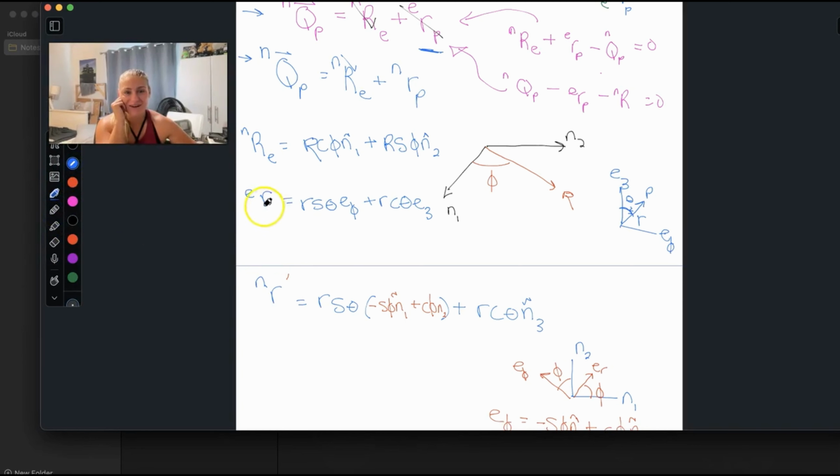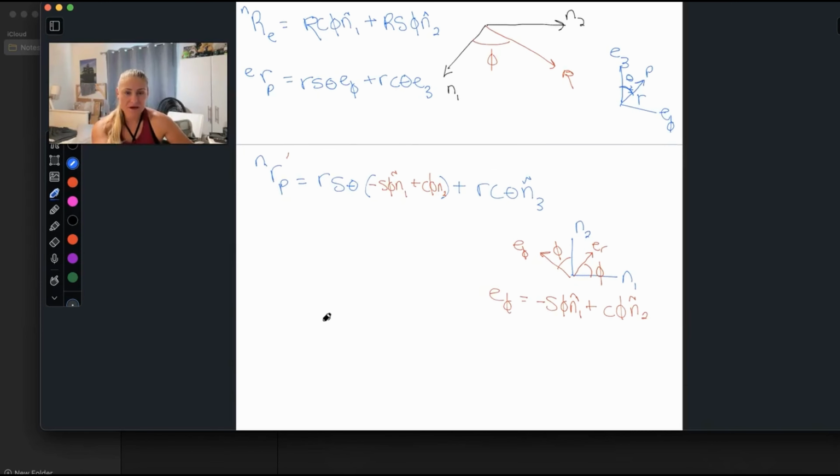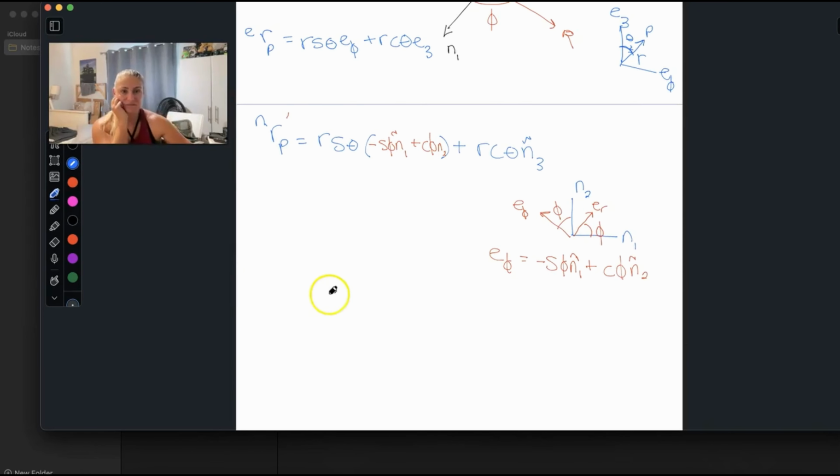So R, little r, is pointing to point P, and it's being viewed from E. So same down here, okay? All right. So now we are here. Let's put together what our Q vector is. What's our Q position vector of P in the normal frame?